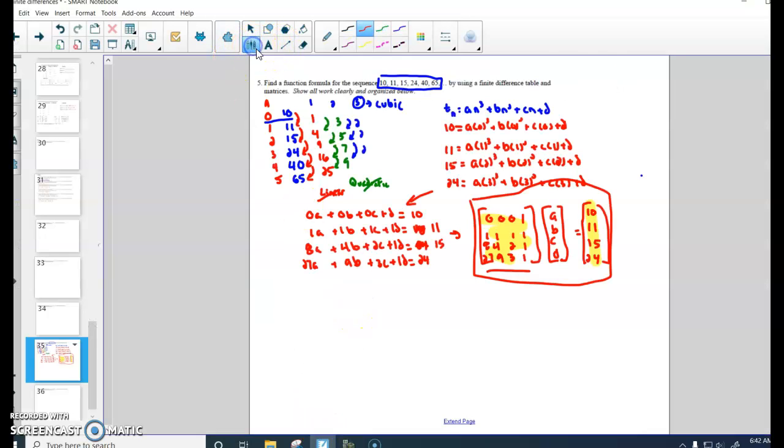Now what we're going to do is take the inverse of this one and multiply it by both sides. So what I'm doing is I'm getting A, B, C, D by itself, and I'm taking the inverse of matrix A and multiplying it by my answers.